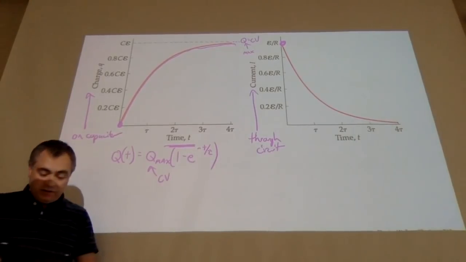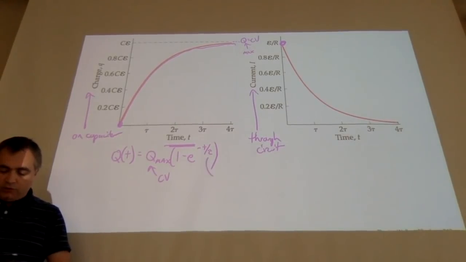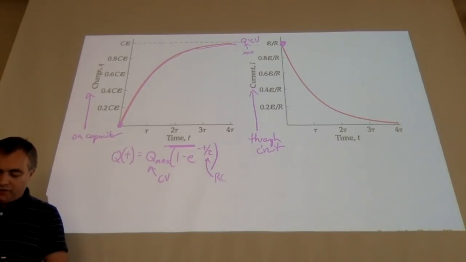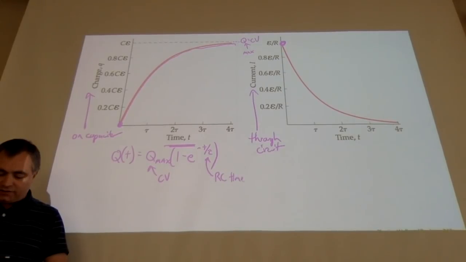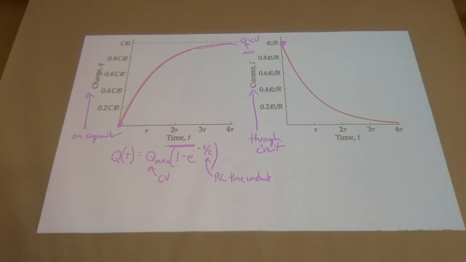This tau is a time constant that has a beautiful name. It is known as the RC time constant. And it is something that sort of tells you how quickly this particular capacitor can be filled up. And the equation is the name. This is one of those cases where it's just beautifully put together.